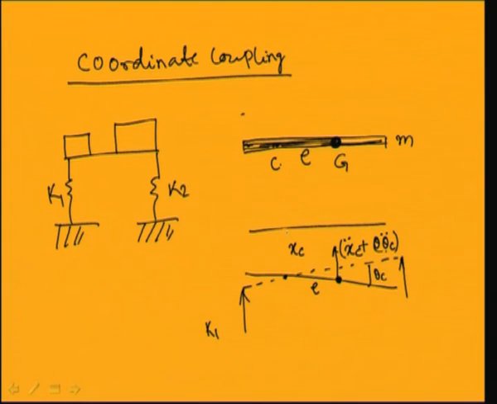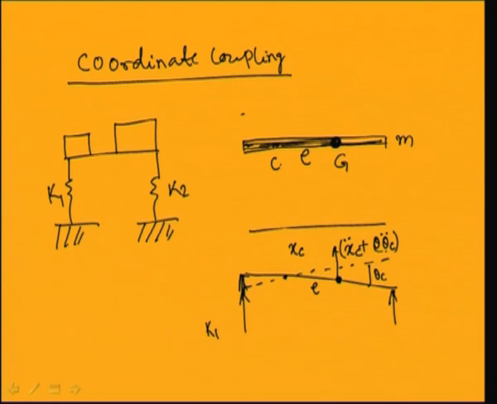so this is k1, so this distance equal to x c. So this is the final position of this. So as this is the final position, the force will act here and here.